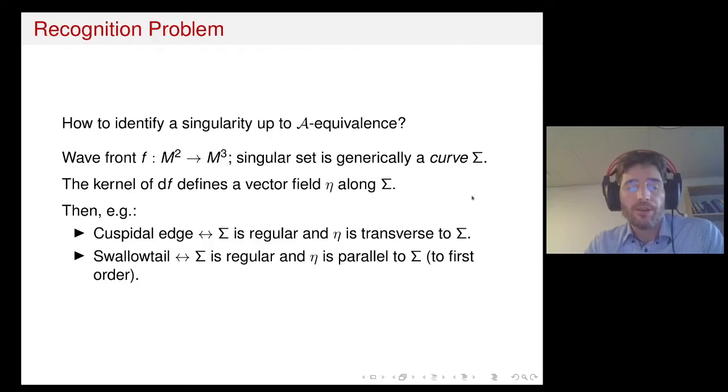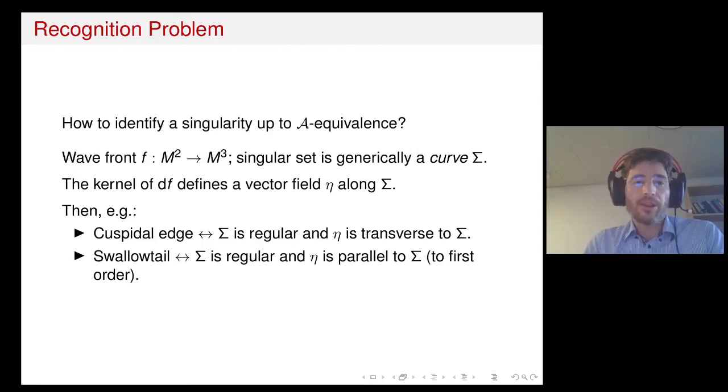So you have a cuspidal edge at a point where sigma is regular and eta is transverse. This kernel of df is transverse to sigma, and you have a swallowtail if sigma is regular and the kernel of df is parallel to first order to sigma. So there are more criteria like this for the other types of singularities that I showed you on the previous slide, but I won't mention them right now.